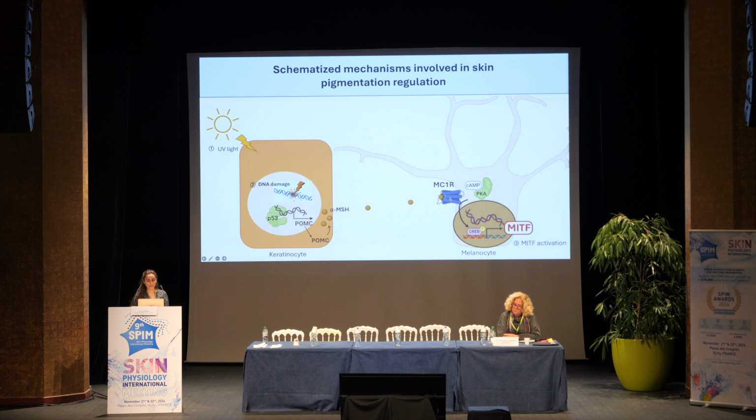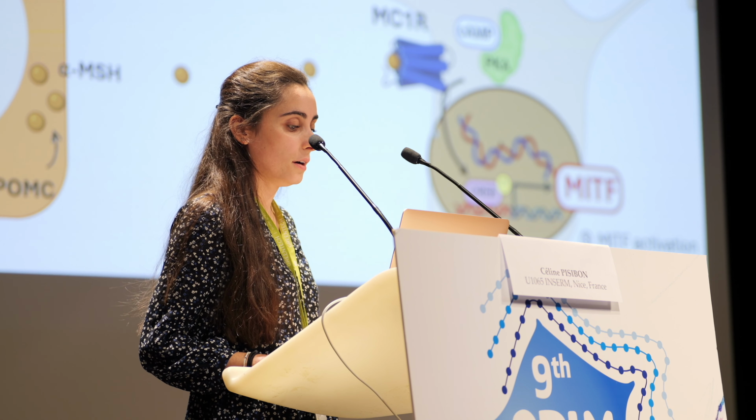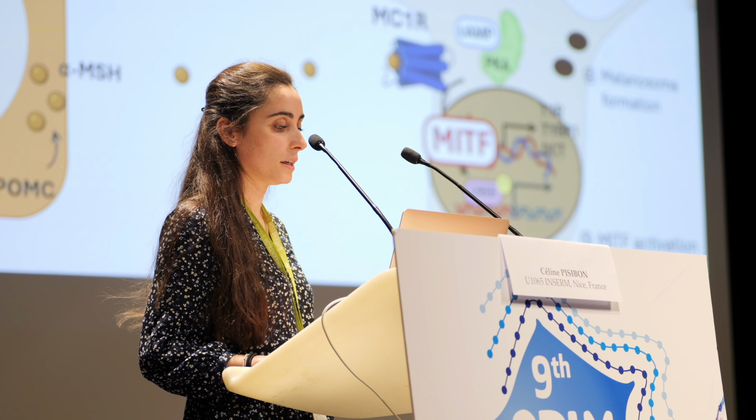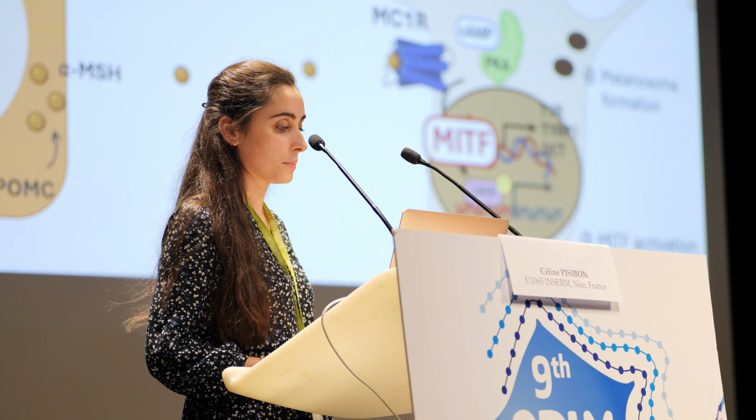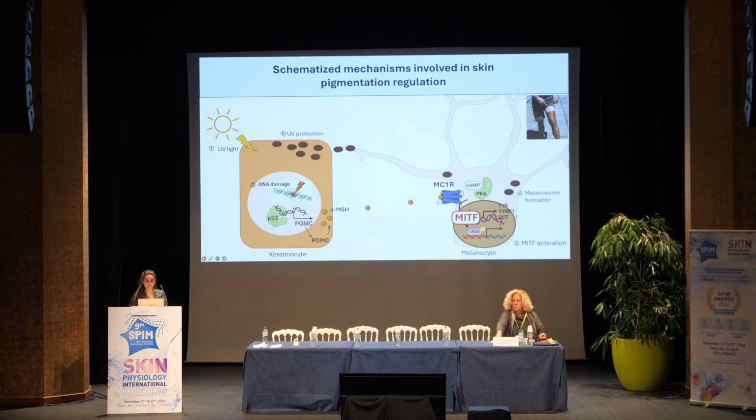This binding will lead to activation of MITF, a major transcription factor that will increase the expression of pigment genes such as tyrosinase, TRP1, and DCT. And this will lead to production of melanin, melanosome formation, and transfer to the keratinocytes in order to protect the skin from UV.